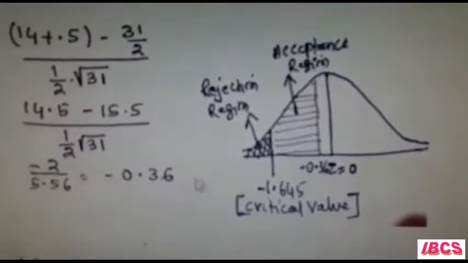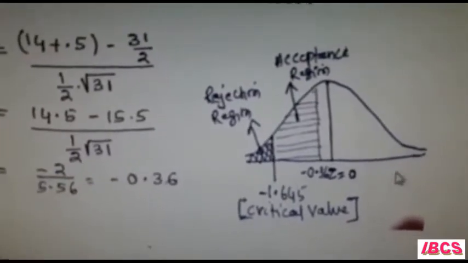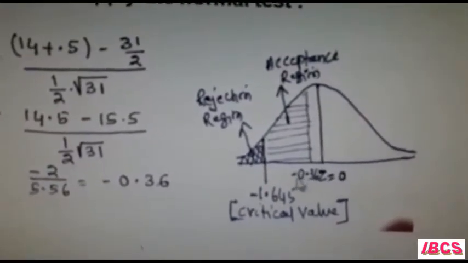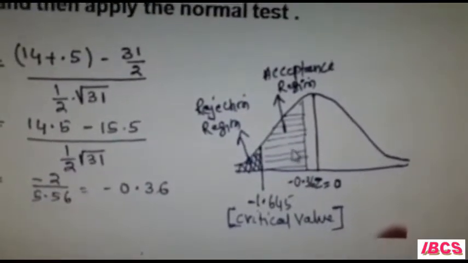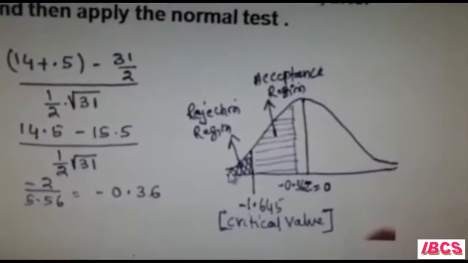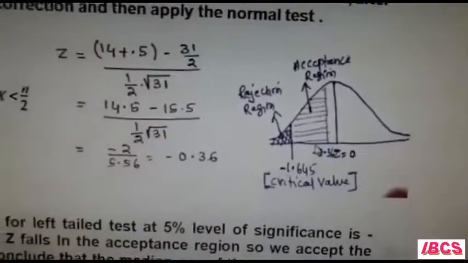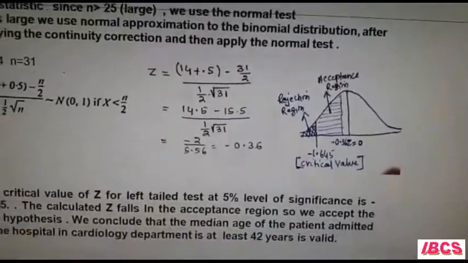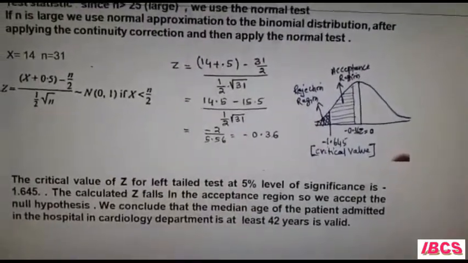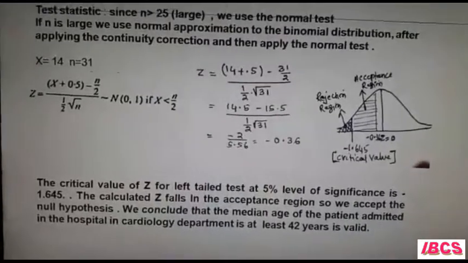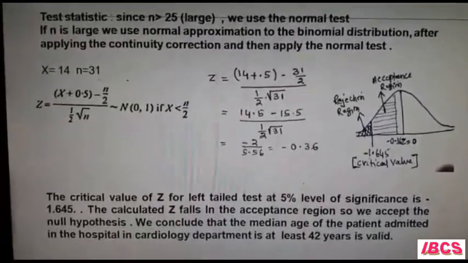Here z is equal to 0, and here we have minus 0.36. So this is the acceptance region, and this is the rejection region. As the calculated value falls in the acceptance region, we accept the null hypothesis.